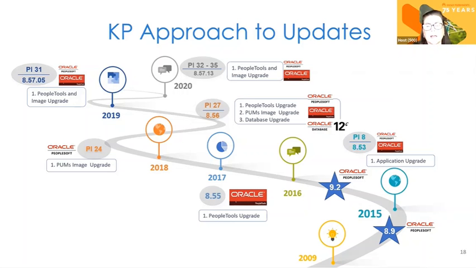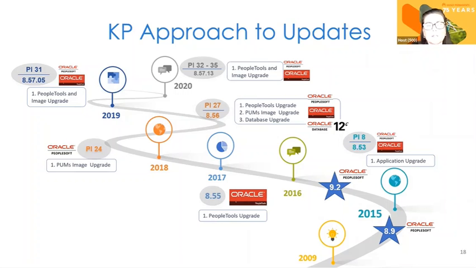Again, that was before my time. I joined shortly after, and then we started experimenting with PUMs. Our first PUM upgrade happened in 2018, and we actually got very excited and decided to do 2 of them a year.